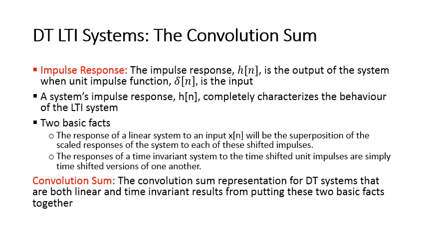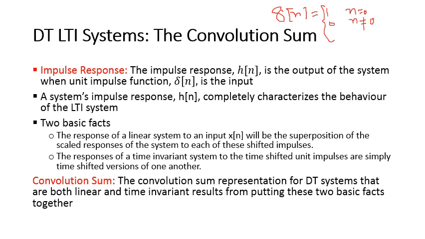The impulse, for example delta of n, is equal to 1 when its argument n is equal to 0, and it is 0 when its argument is not equal to 0.